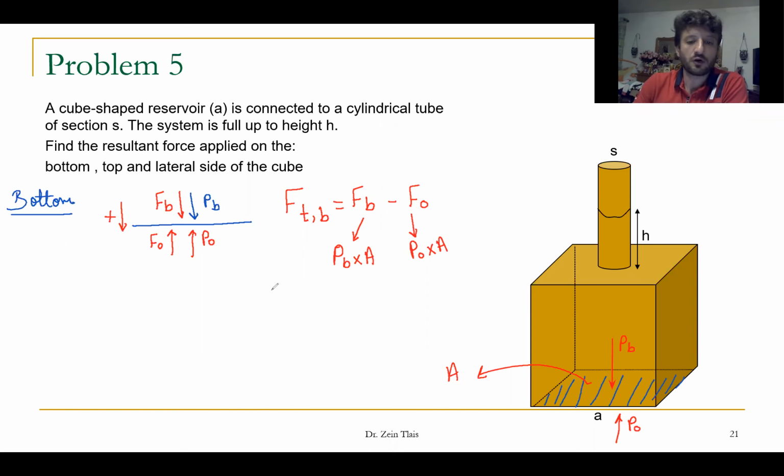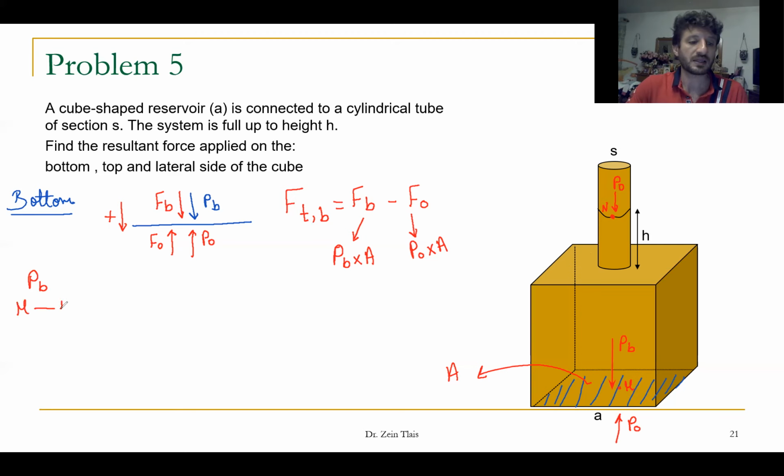Let me calculate FB first of all. We have FB equals PB times a squared, so we calculate PB. To calculate PB, in the hydrostatic case, when we have a static fluid, we take a point M at the bottom where I want to calculate P, and a point N at the top where we have P0.